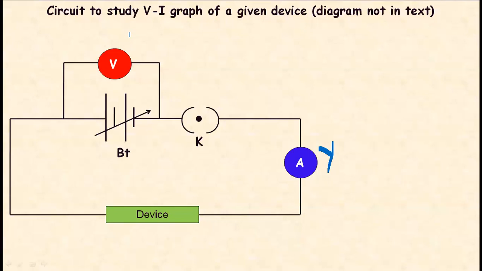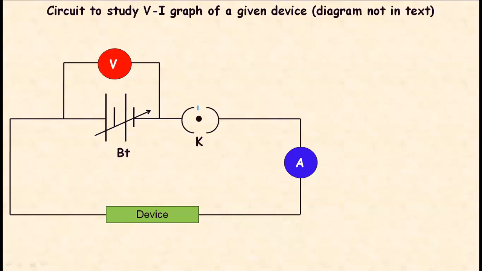Therefore, all the voltage values we apply to the circuit will be taken along x-axis. And after plotting the points, we have to join the points so that we get a trace. So depending upon the trace, we can infer whether the material is going to obey Ohm's law or not.